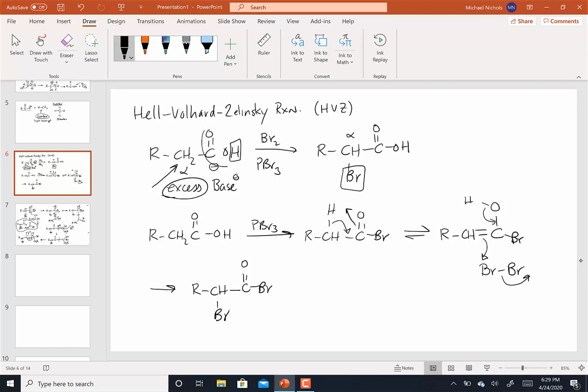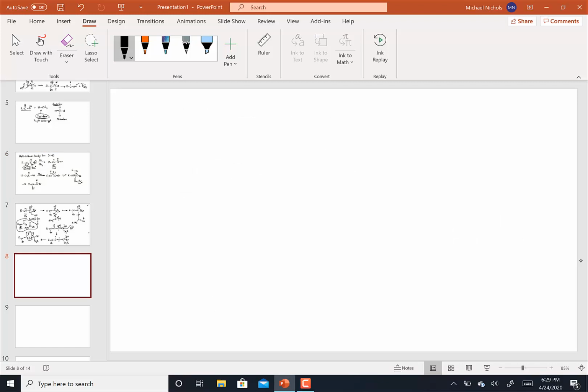Okay, so now let's jump into enolate chemistry and all of the various variations on this. So let's go back and talk about the idea of taking, we'll do this with an aldehyde first because it's easiest to see. So I'm going to take this aldehyde and treat it with a mixture of alcohol and hydroxide.